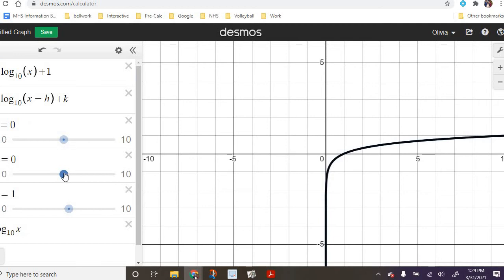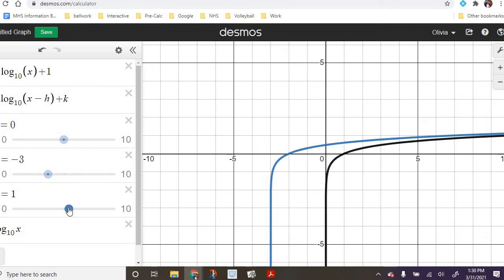If we have anything on the inside, it is still going to shift it left and right, but remember, just like with our other types of transformations, because it's on the inside of the function, it's going to do the opposite of what you would think it was. So if I plug in a 3, I would have x minus 3 on the inside of my equation, which moves it to the right 3 spots. If I plug in a negative 3 there, it would become x plus 3, which moves it to the left 3 spots.